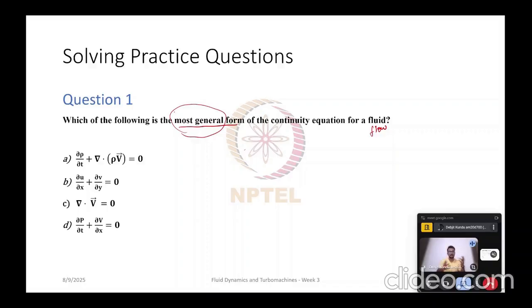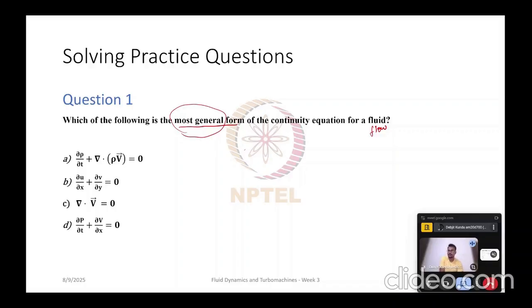There are different forms of the continuity equation as we learned. Which one is most general? Which one can be applied to the widest variety of fluid flow scenarios?